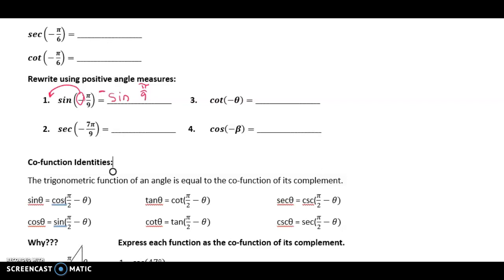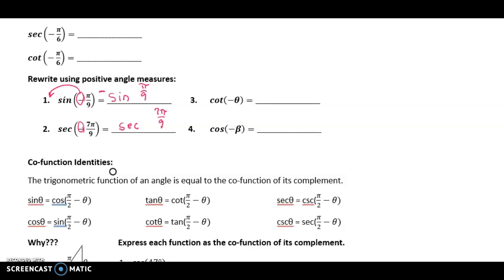Sine, cosecant, which is its reciprocal, tangent and cotangent all work the same way. Secant and cosine, you just get rid of your negative. So this would just be secant of 7 pi over 9.